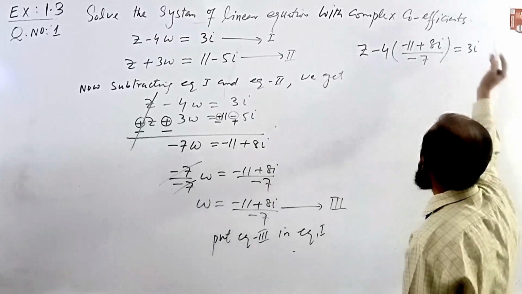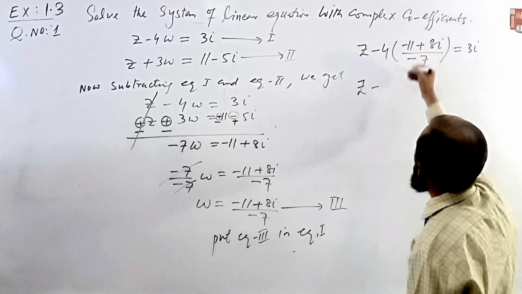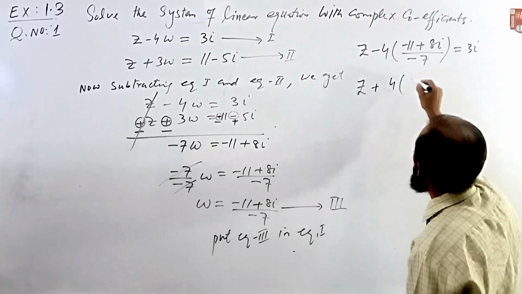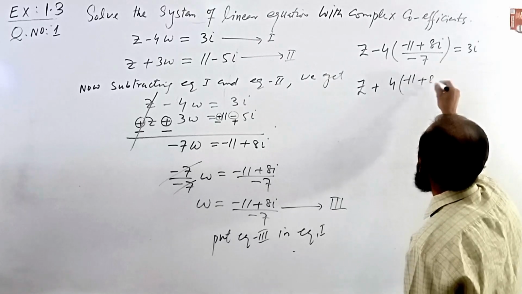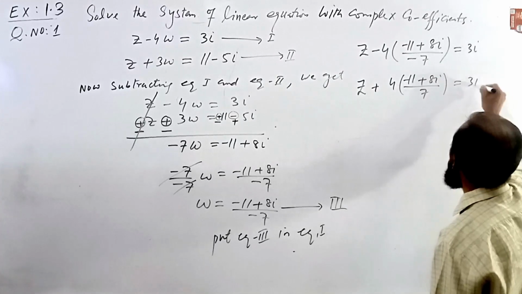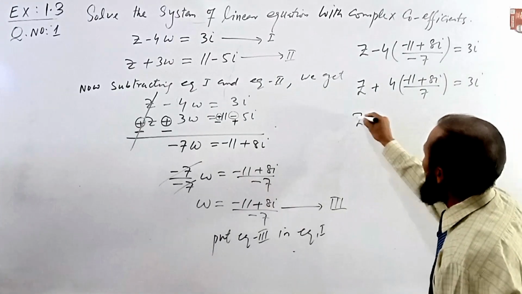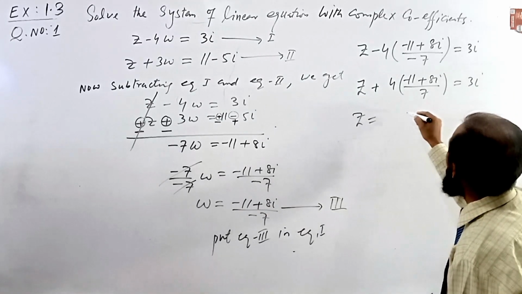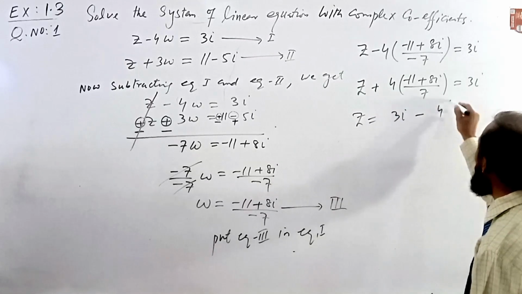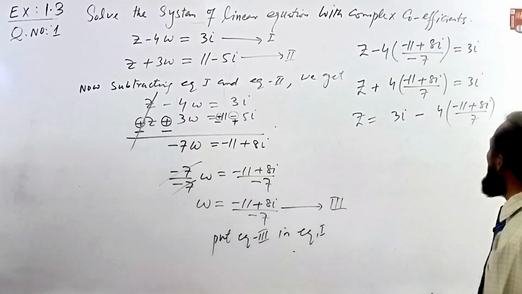Now we change this term. So z minus multiplied by this term, we can write minus into minus plus 4 into minus 11 plus 8 iota divided by 7 is equal to 3 iota. If we change this term directly, z is equal to 3 iota plus change into minus 4 into minus 11 plus 8 iota divided by 7.